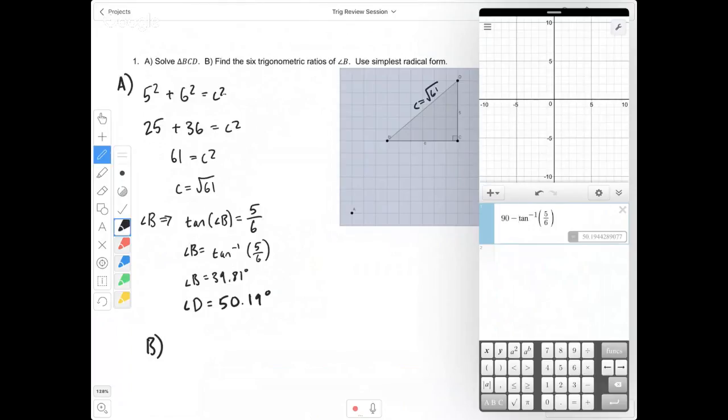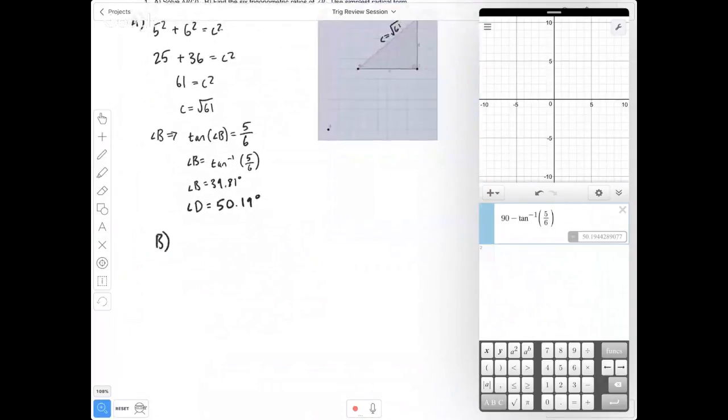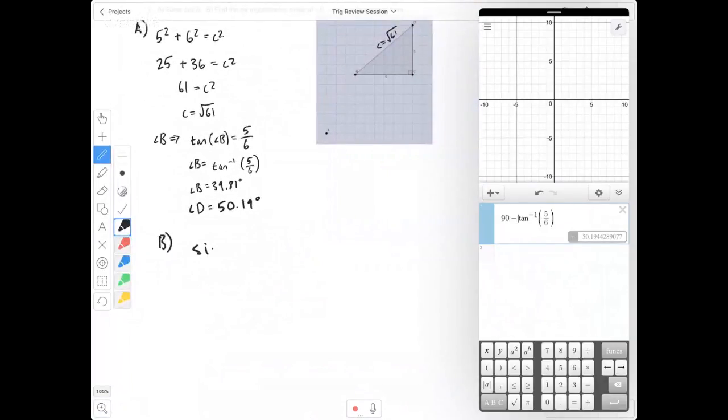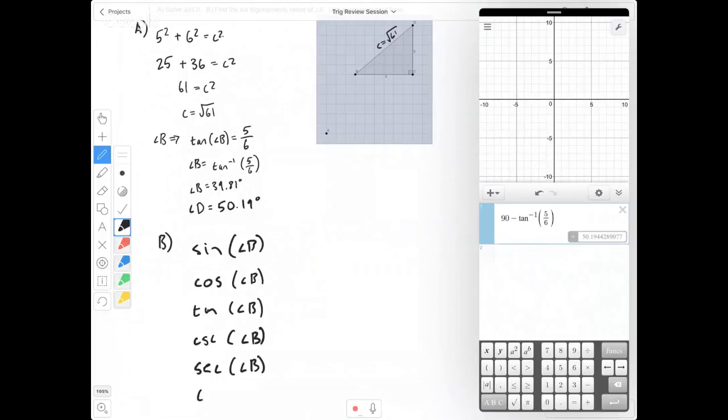And on part B, I need to, whoopsie, I need to use simplest radical form to find the 6 trigonometric ratios of angle B. So I'm going to need to find the sine of angle B, the cosine of angle B, the tangent of angle B, the cosecant of angle B, the secant of angle B, and the cotangent.